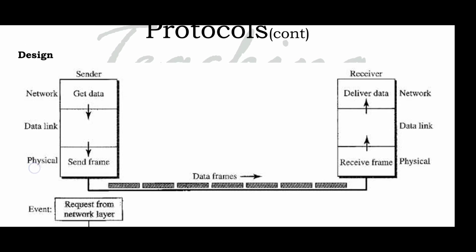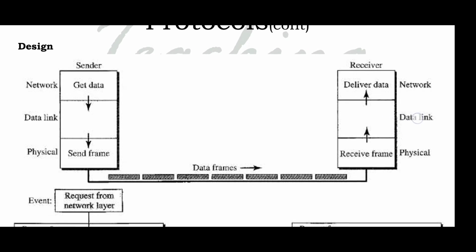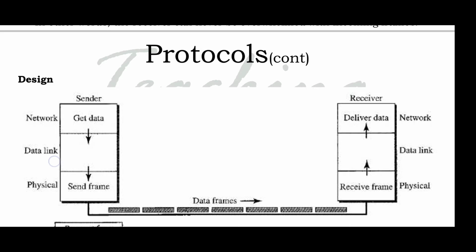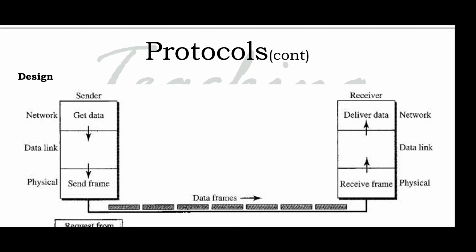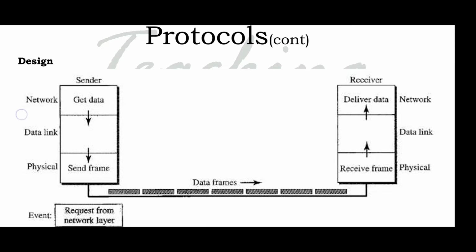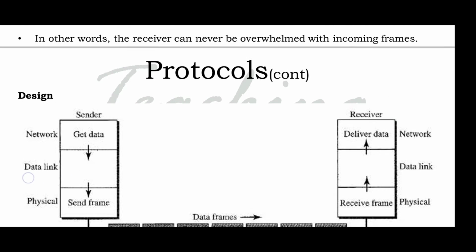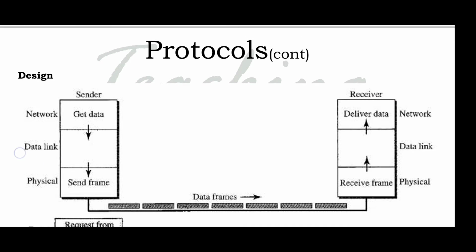This is the sender side and this is the receiver side. The data link layer at the sender side gets data from its network layer, makes a frame out of the data and sends it. The sender receives data from the network layer, and it is sent to the data link layer.